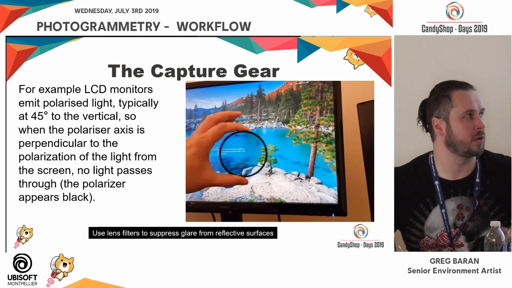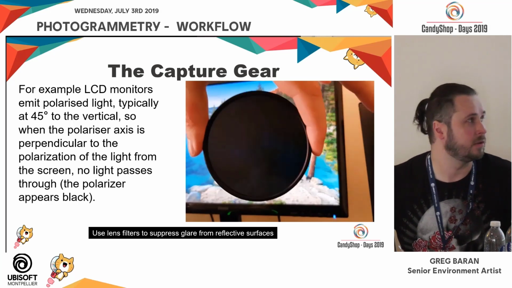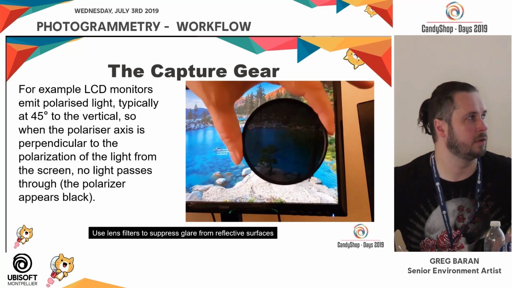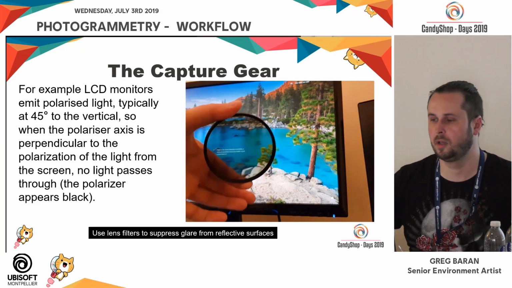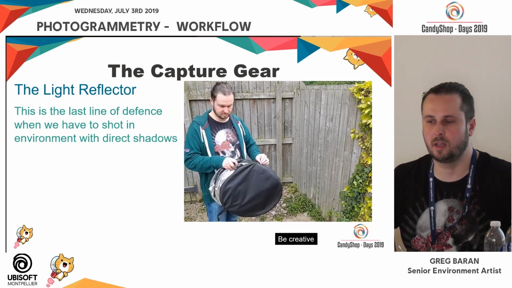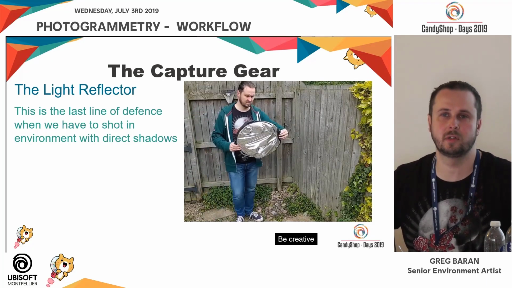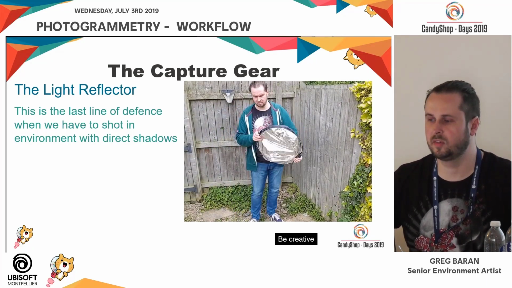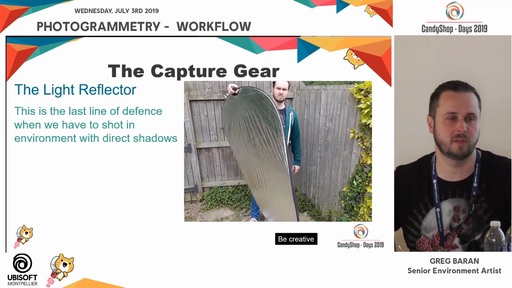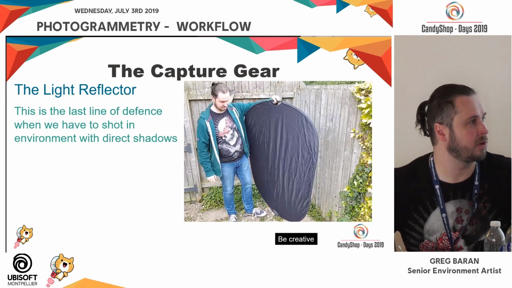So by rotating the filter, we just trim the light under that angle, and it can be useful to remove reflections. And one more piece of equipment is a light reflector. It's something to cast our own shadows, and it's pretty mobile. It's a magic to fold it back.